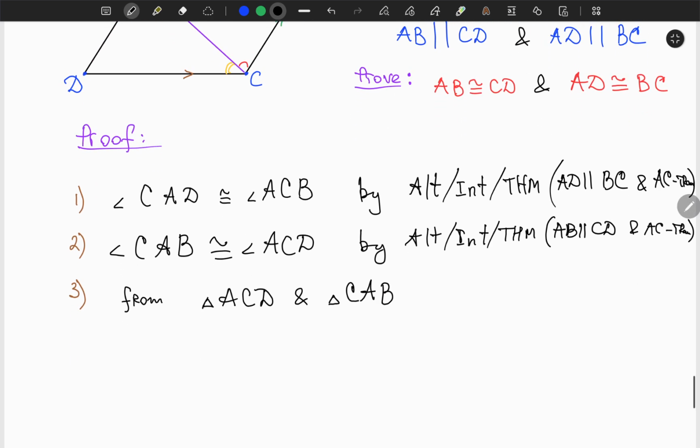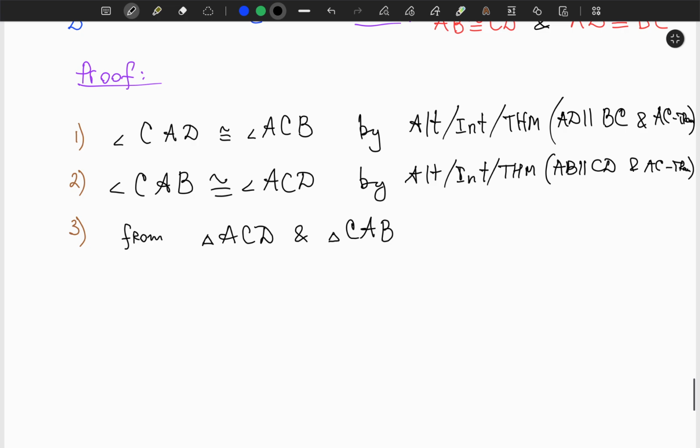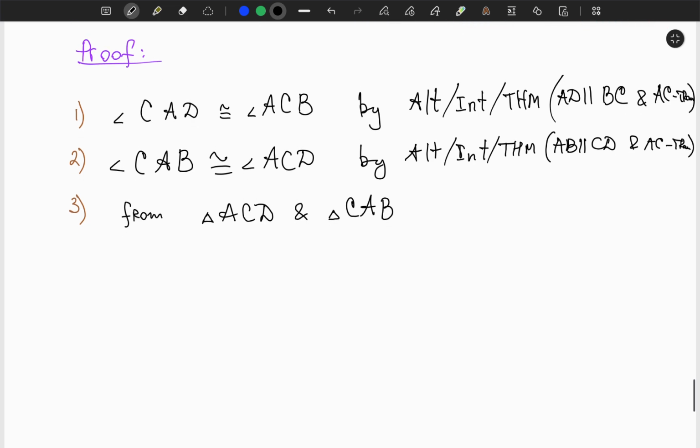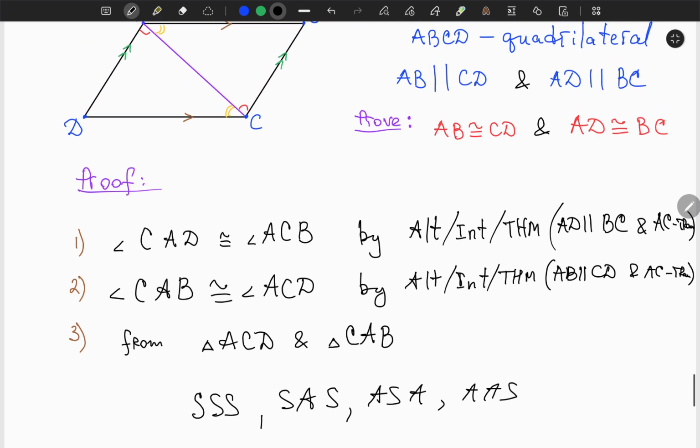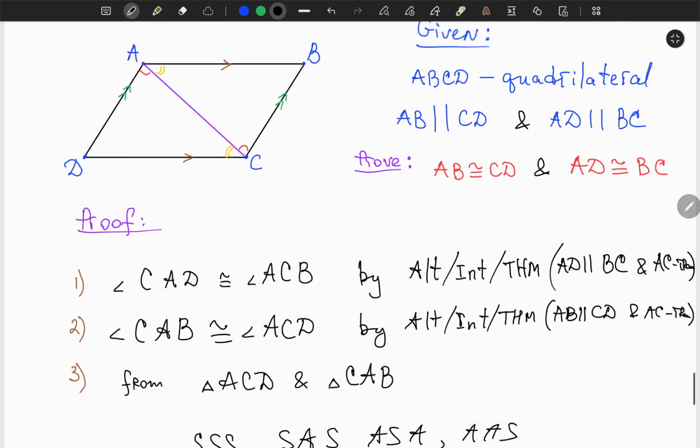We need to somehow make these triangles congruent. For congruency, we have postulates like SSS, which means side side side, side angle side, angle side angle, angle angle side. What can we use?